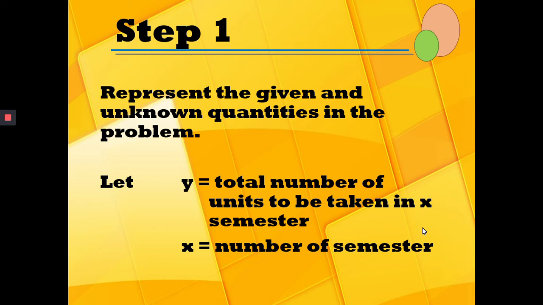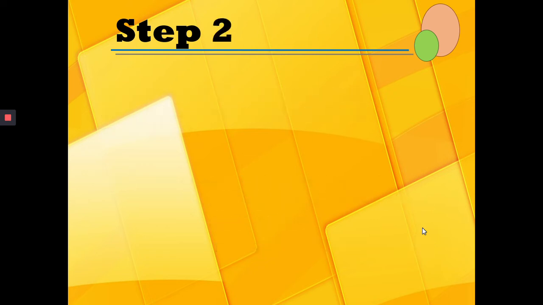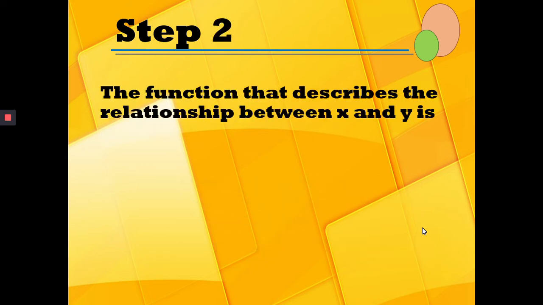Okay? Then after step number 1, step number 2. On step number 2, we will be determining the function or equation that relates the quantities or variables in the problem. So the function that describes the relationship between x and y is y is equal to 9x plus 6.